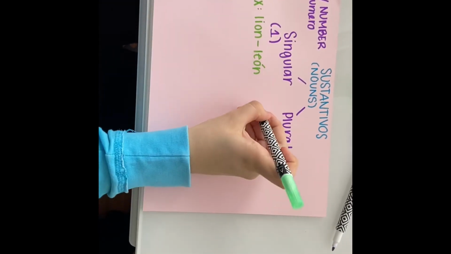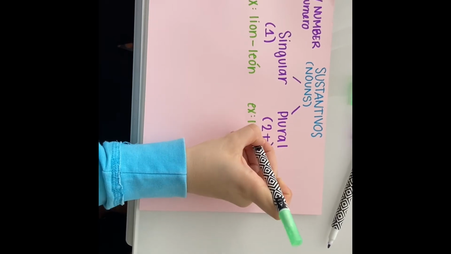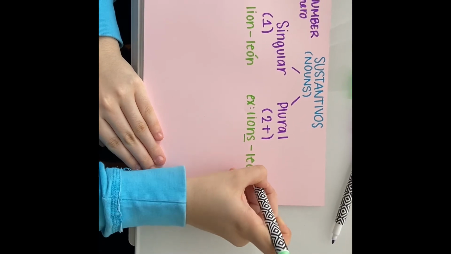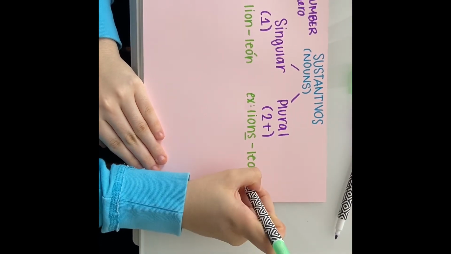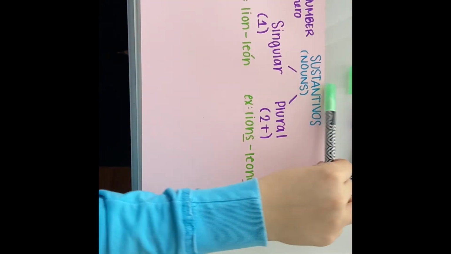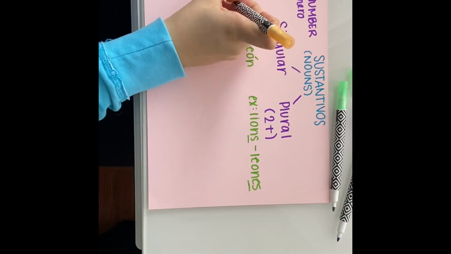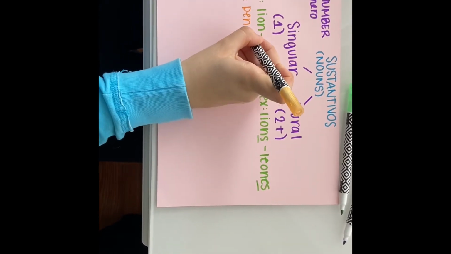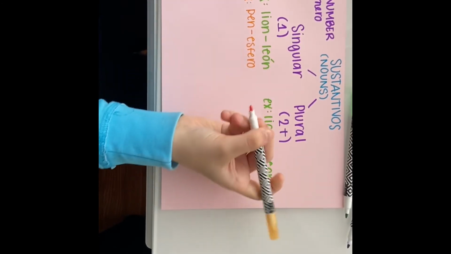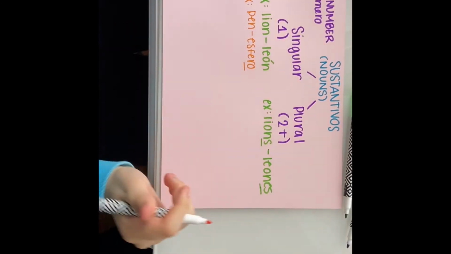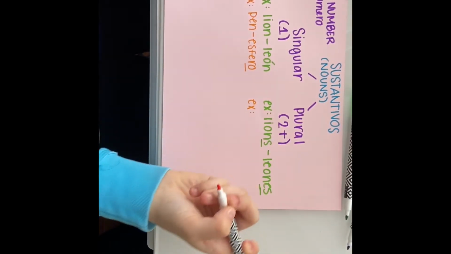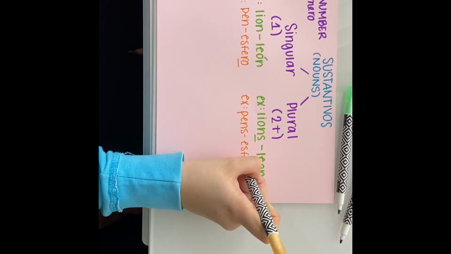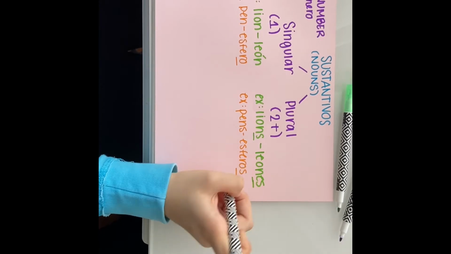In plural, it would be lions, 10 in English, and in Spanish it would be leones, 10, and then the E. Another example, it would be pen, that's esfero in Spanish. It just ends without an S. In plural, it would be pens, esferos, which contains the S.